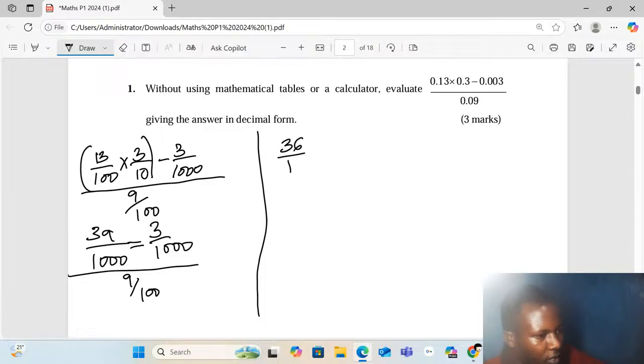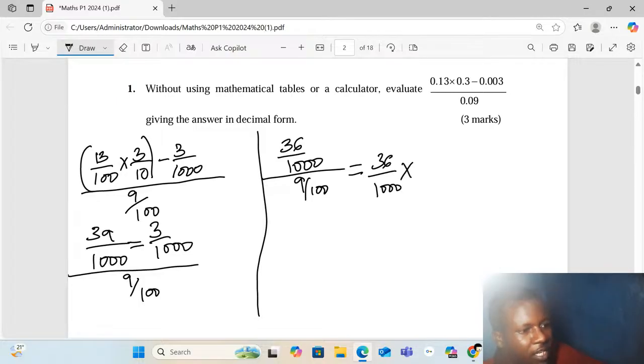36 over 1000. Now divide by what? 9 over 100. This simply means 36 over 1000 times the reciprocal of the denominator, which is 100 over 9. The 2 zeros cancel, then 9 goes into 9 once, then 9 into 36, 4 times.